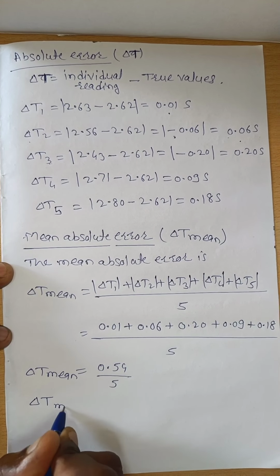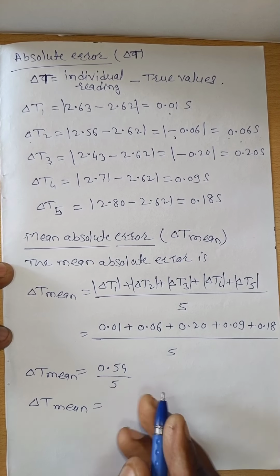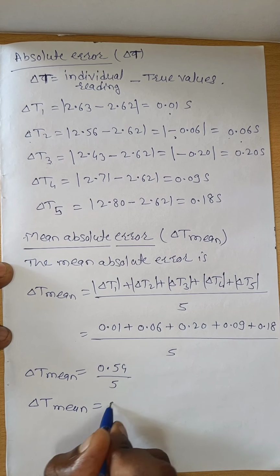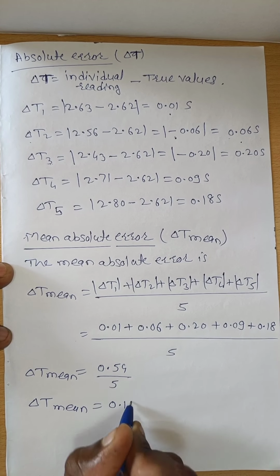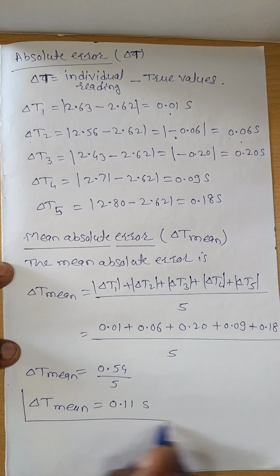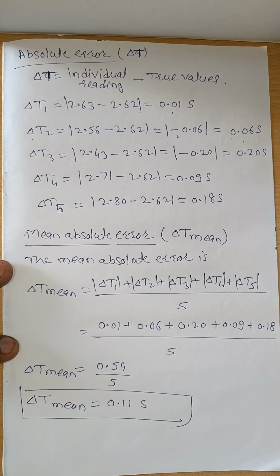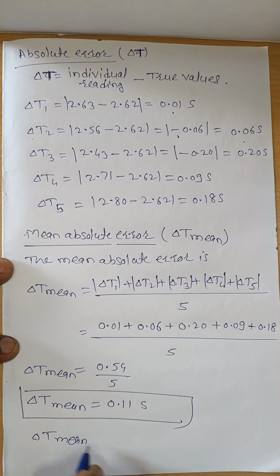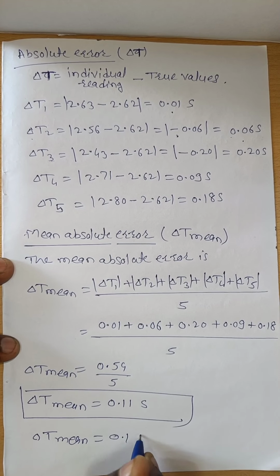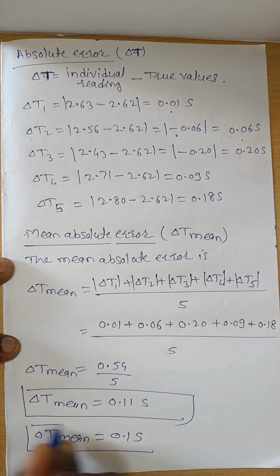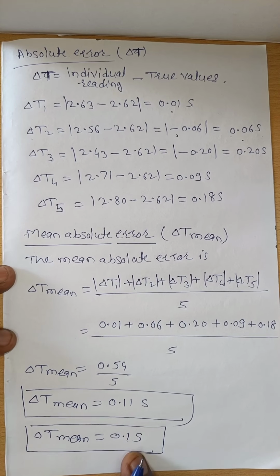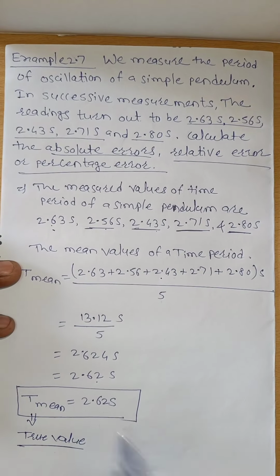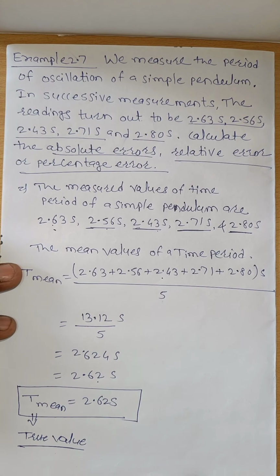Then delta t mean is 0.54 divided by 5, we get 0.11 seconds, or we can say delta t mean is approximately equal to 0.1 seconds. Now delta t mean value is 0.1 seconds, and t mean value is 2.62 seconds.